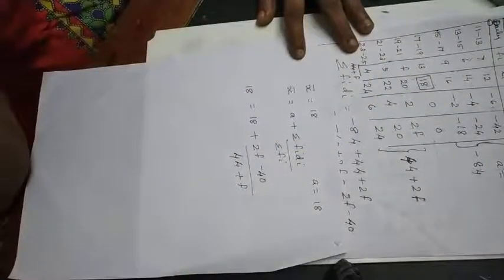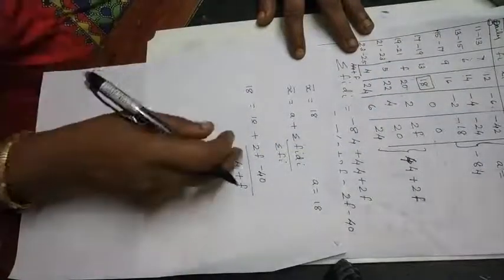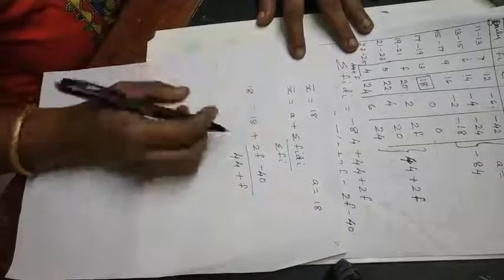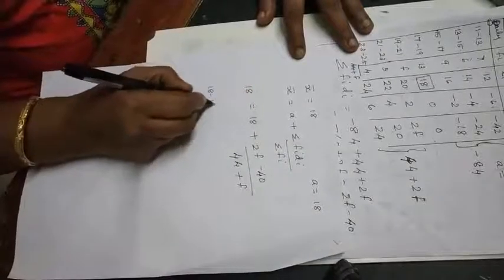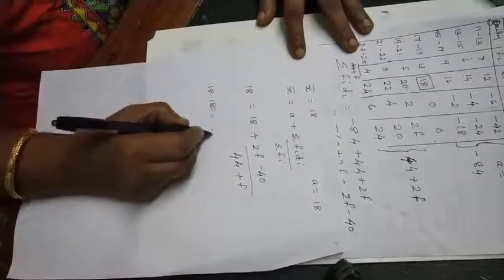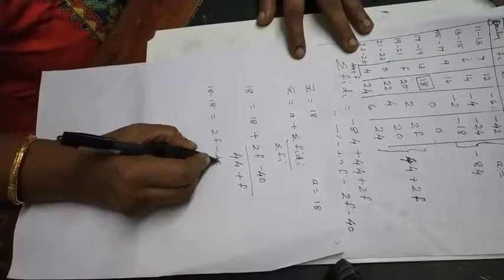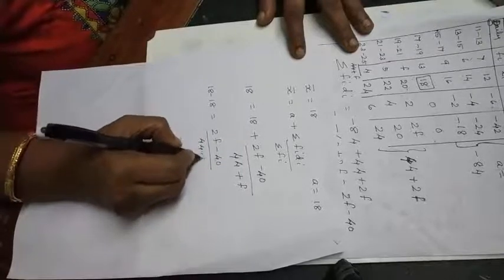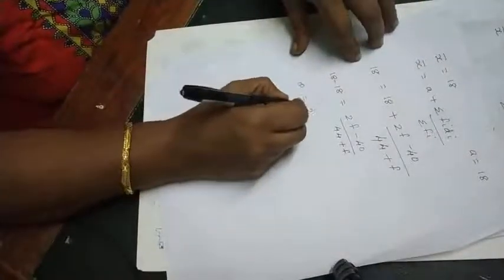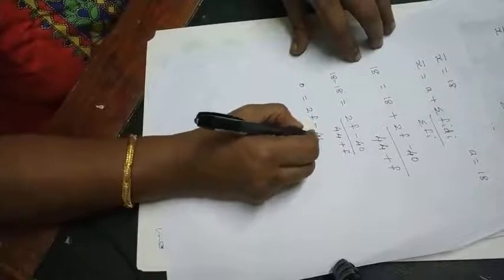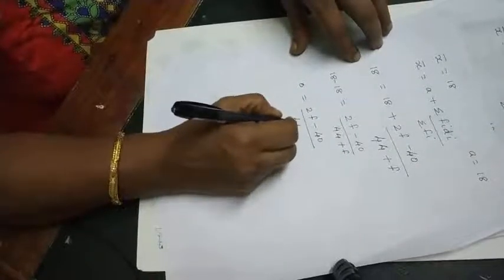Adding this one. Now 18 minus 18 is 0. You will get 0 is equal to 2f minus 40 by 44 plus f.